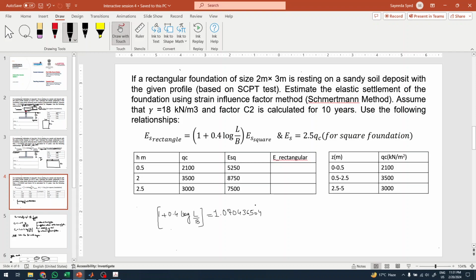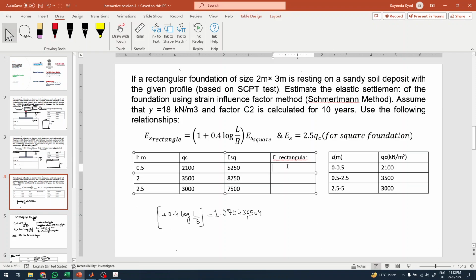I think up till here is fine, but just so that nobody gets a different answer while doing it in a calculator, that's why I've copied all the significant digits that I could see on my calculator. Let's multiply. So we get approximately, this will be 5620.